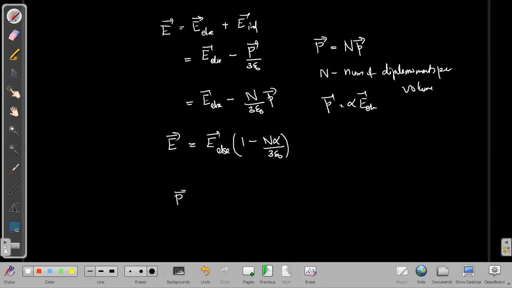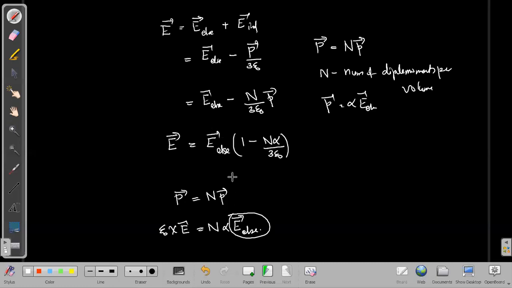Now again I am going to use this formula, P equal to capital N times small p. So P I can write as epsilon 0 chi times E, and small p I can write as N times alpha times E_l. So how can I write my E_l here?